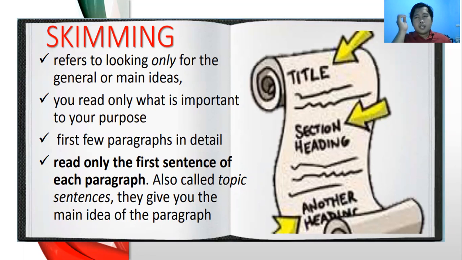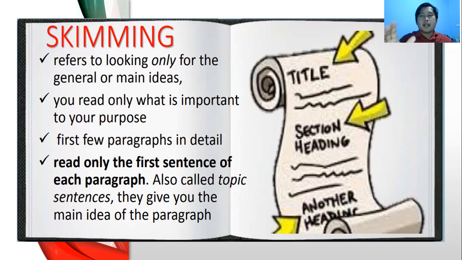And the first paragraph is very important. Always remember that. The first paragraph contains most of the information about the whole text. So it's a tip, okay? If you are going to skim, just read the first paragraph first, before you read the whole thing.